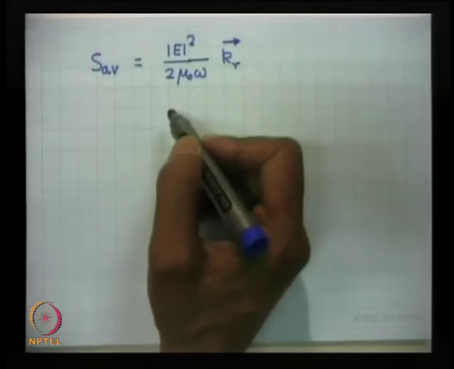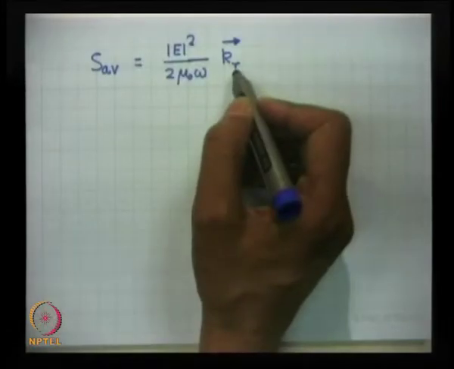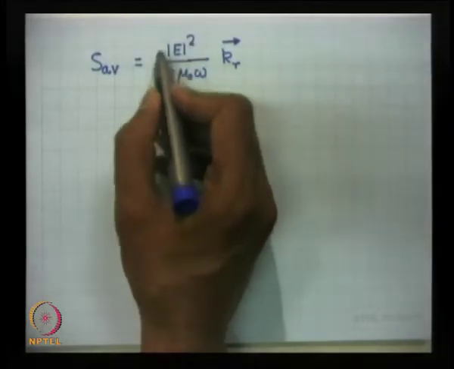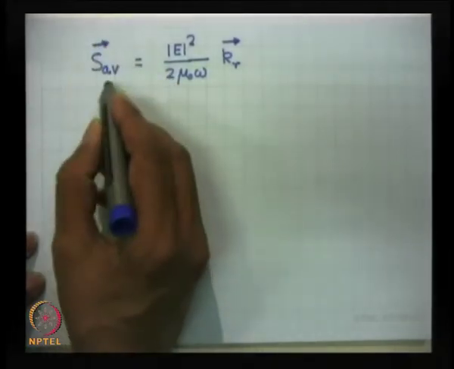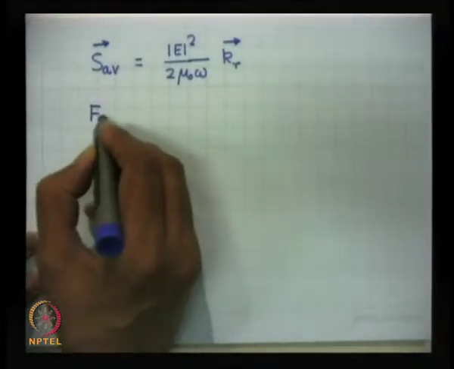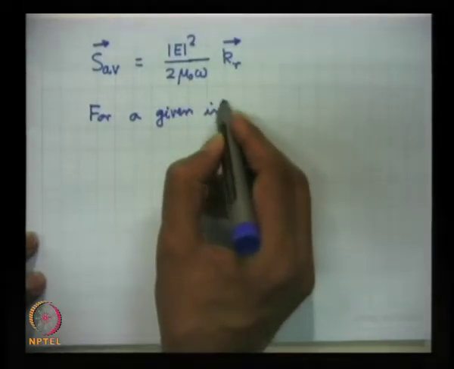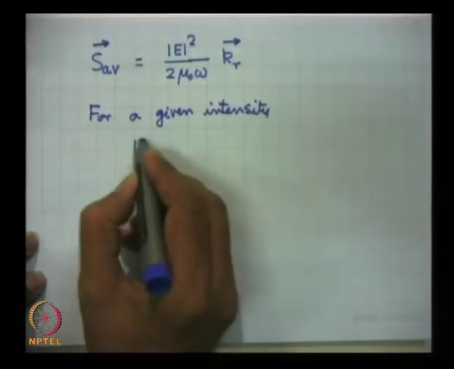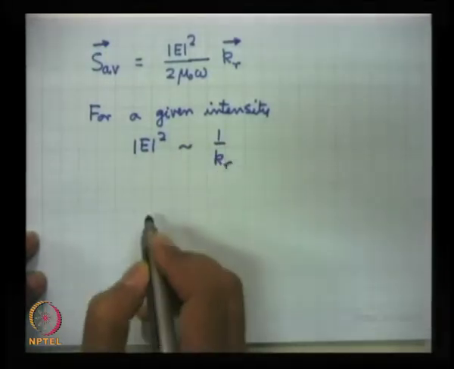So, you may note here that if I am sending a wave of a given intensity, then if kr increases, correspondingly the amplitude of the wave decreases. For a given intensity, modulus of E square, or wave amplitude square, goes as 1 upon kr, the real part of k.